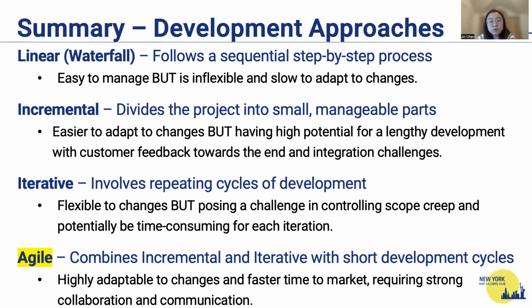The iterative approach is more flexible in adapting to change and receiving customer feedback, but it takes a long time for each iteration with a number of things to be changed. And Agile is our preferred way for product development. It is highly adaptable to changes and also has a faster time to market with those short development cycles. It does require strong collaboration and communication with our customers.